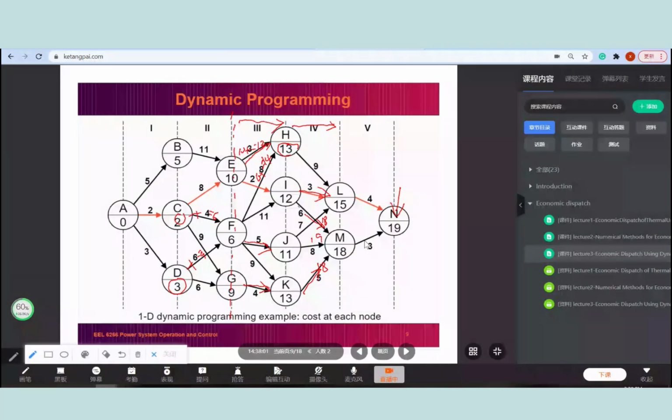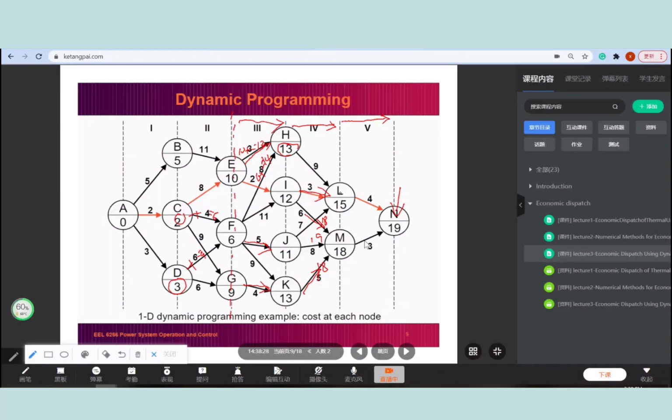These 2 paths have the same cost. So for L, you have the best path from I to L. For M, you have two possible paths, I to M or K to M. It's okay, they have the same cost. So last, we travel from stage 5 to the last stage.